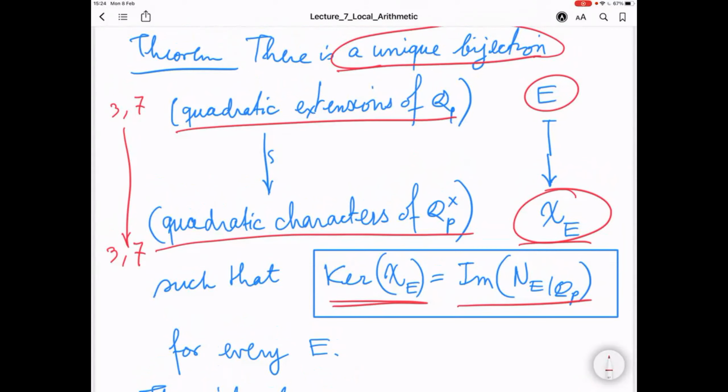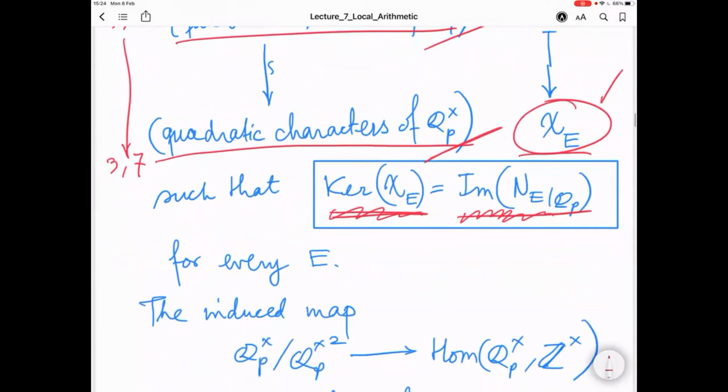There are many bijections between these two sets, but there's only one bijection which has this fantastic property that the kernel of the quadratic character is equal to the image of the norm map from the quadratic extension. So it's a bijection between quadratic extensions and quadratic characters. Of course, quadratic extensions of Q_p and quadratic characters of Q_p star.